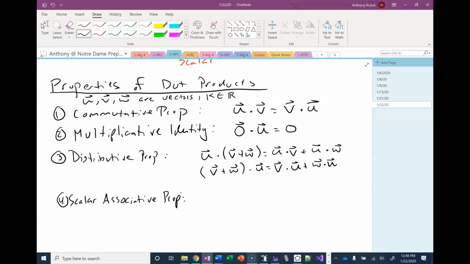The next one is the scalar associative property. That's just kind of the convention that when dealing with vectors, we use those two letters.